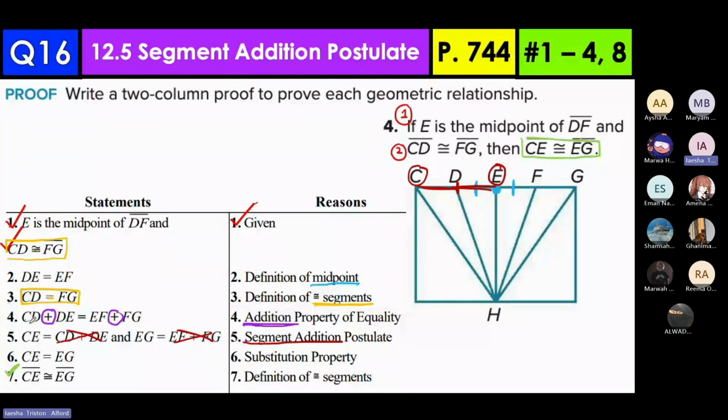Which one did they do? From line number 4, yeah. CD plus DE is equal to EF plus FG. So we know that the first part is the same as CE and the second part is the same as EG. So we call that substitution.